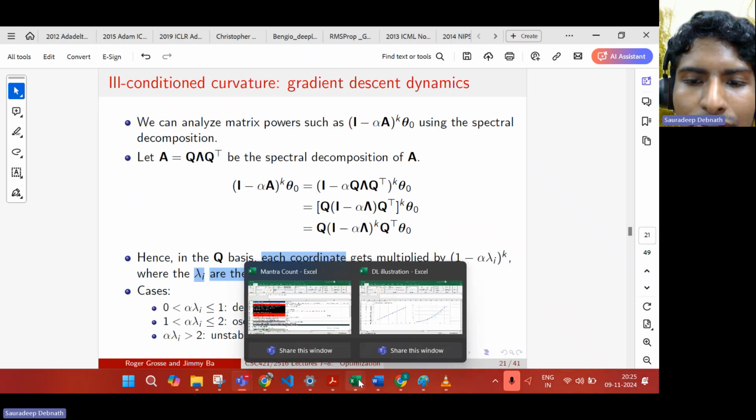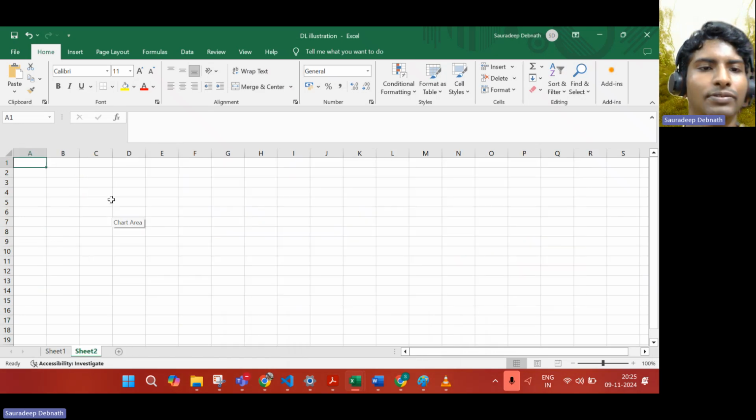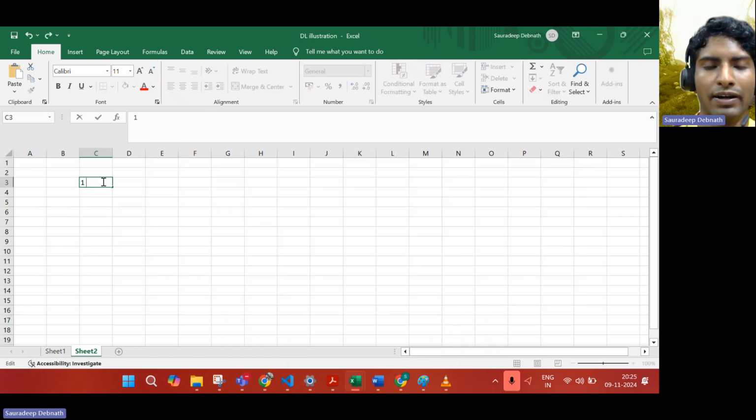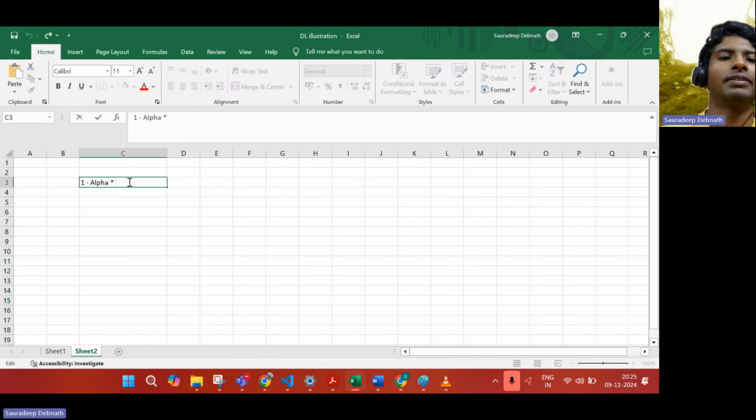Let me make it more clear. There is a quantity 1 minus alpha lambda, where alpha is again the learning rate. We were earlier saying how eigenvalues are important in the case of SGD. So this is how.